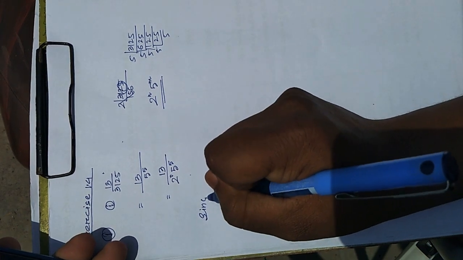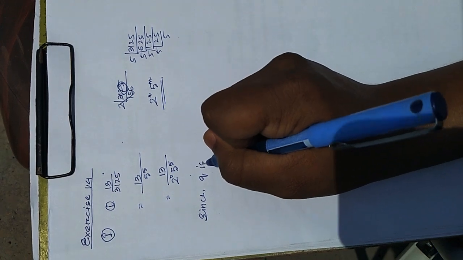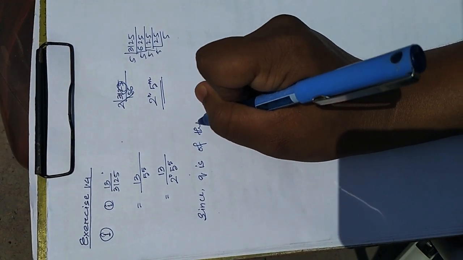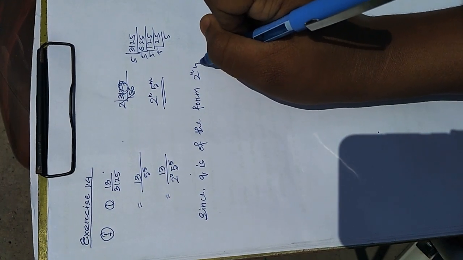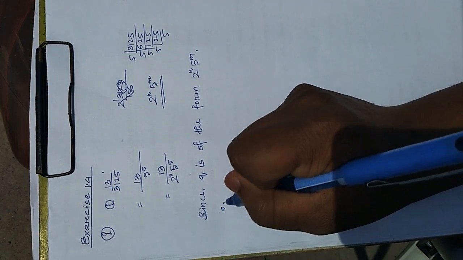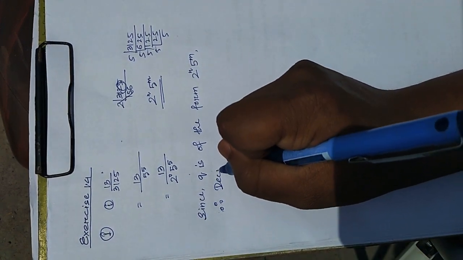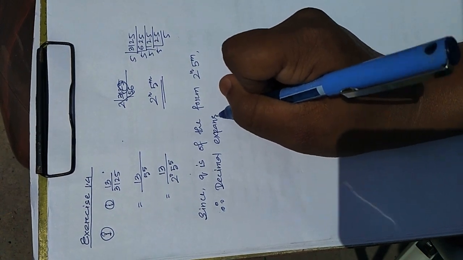So since q is of the form 2 to the power n, 5 to the power m, therefore the decimal expansion is terminating.